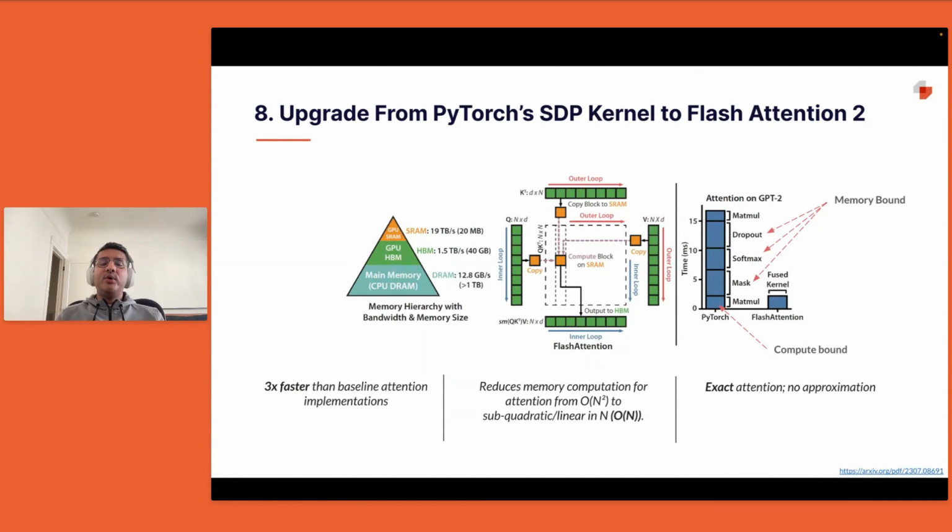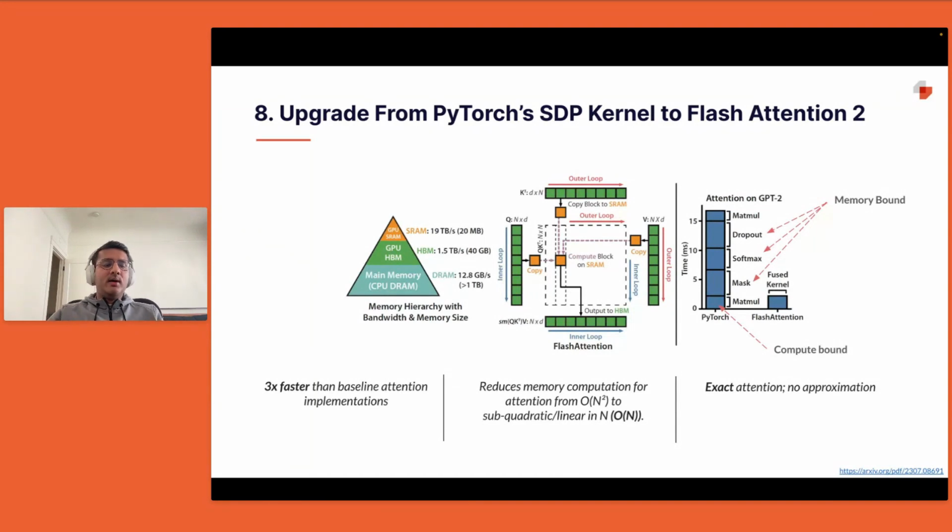And what's really cool is because of the way they've written this kernel, probably an unappreciated benefit is that it drops the amount of memory you need from quadratic to subquadratic or near linear. That means that you can actually fit even more data into your GPU memory or fit even longer sequences into GPU memory, both of which are great for all the other optimizations we talked about before this. And the last part is that the attention scores are still exact. There's no approximation. So it's very nice.